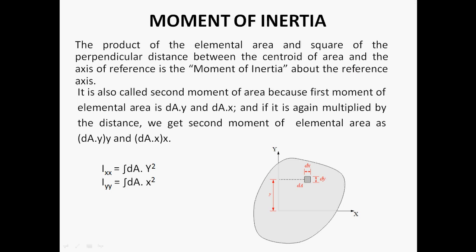If you define the moment of inertia, it is the product of the elemental area and the square of the perpendicular distance between the centroid of the area and the reference axis. This is the moment of inertia about the reference axis.